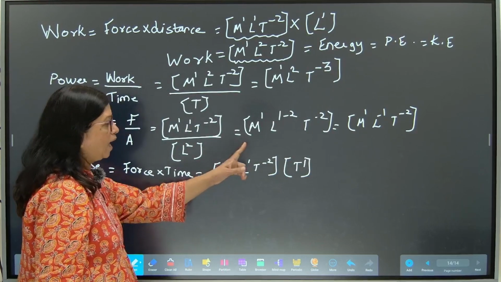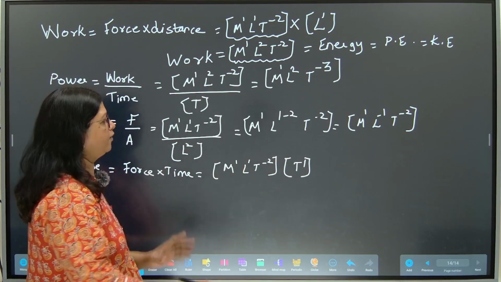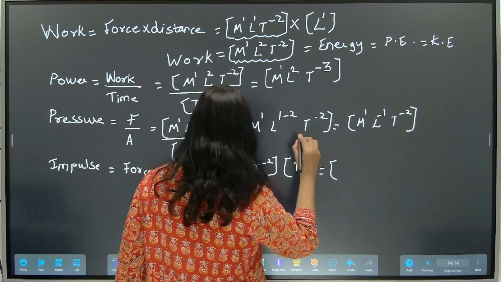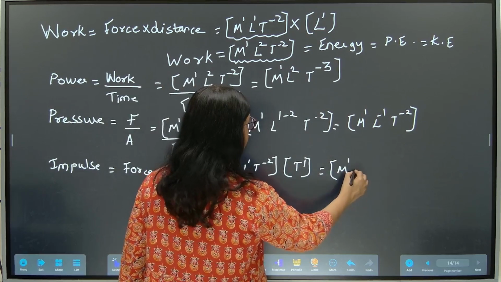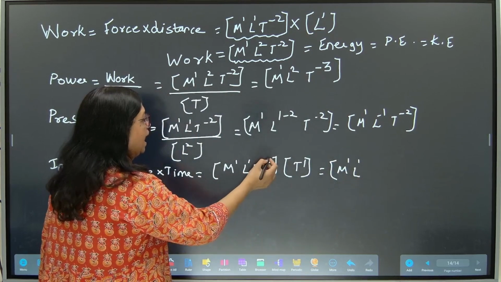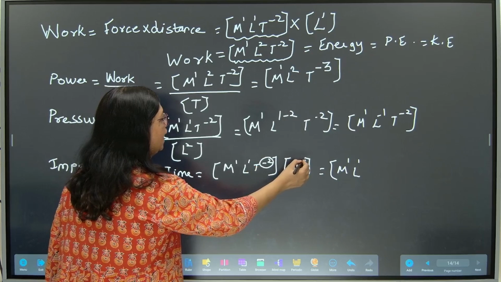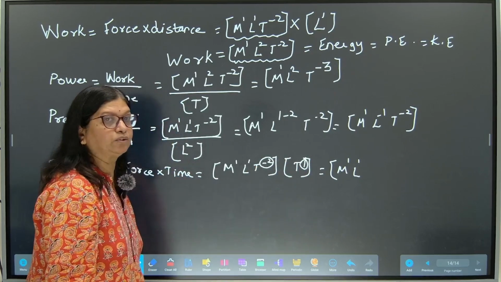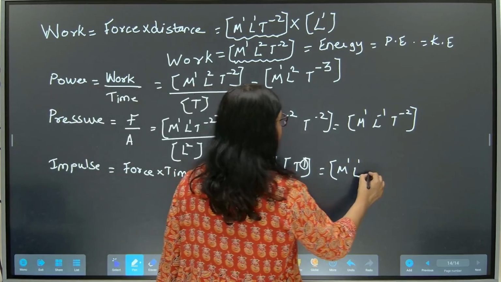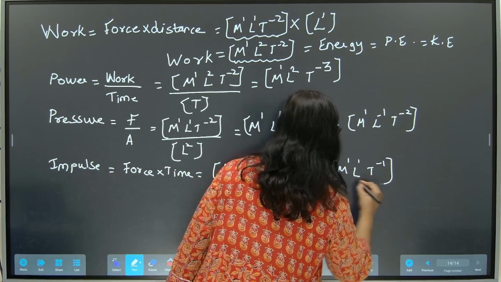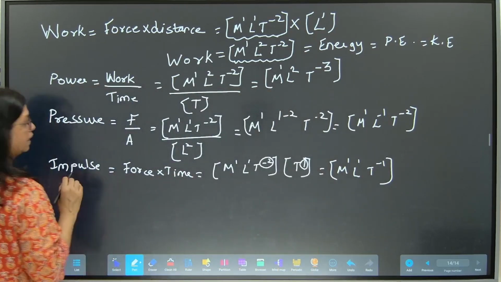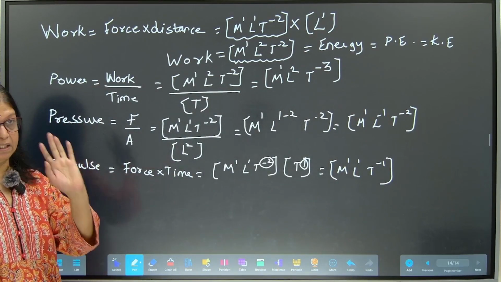So M, I don't have a partner here, L, I don't have a partner here, so I just write it as it is, M1 L1. Now T has the power minus 2 and 1, so minus 2 plus 1 is negative 1. So T raised to negative 1. That is the dimensional formula for impulse.